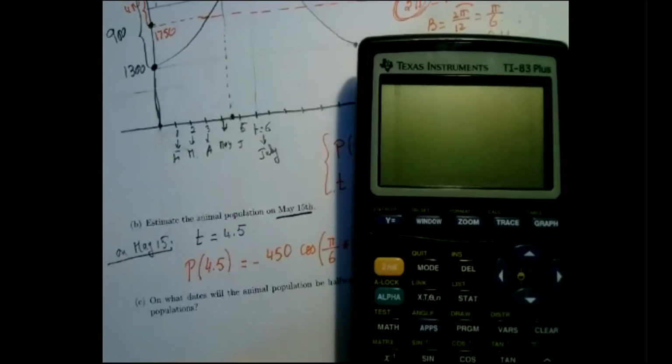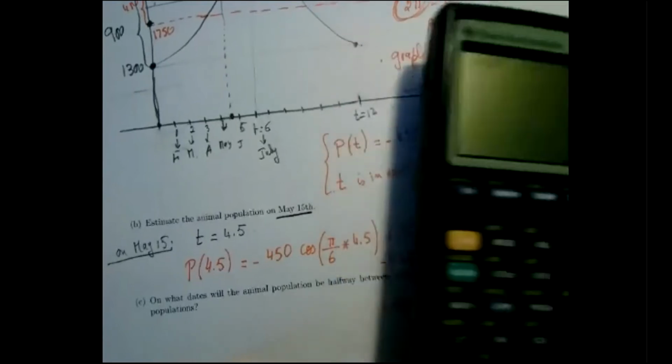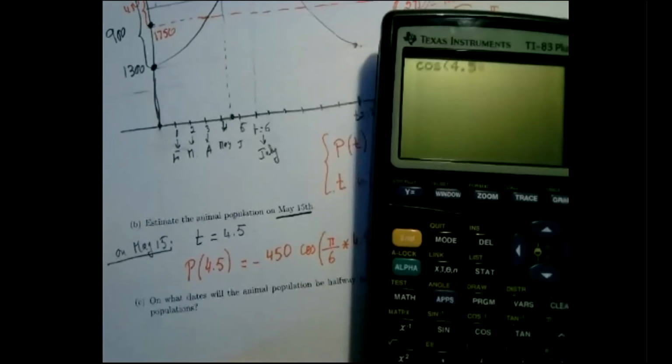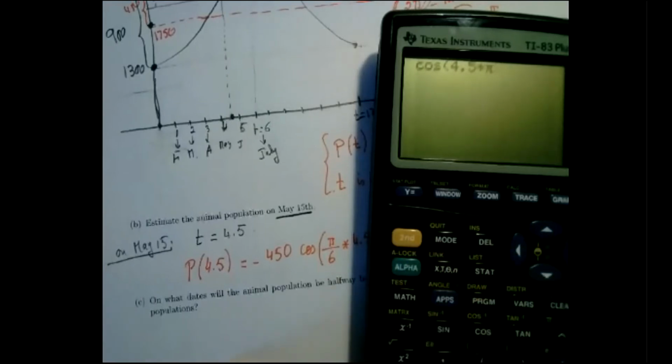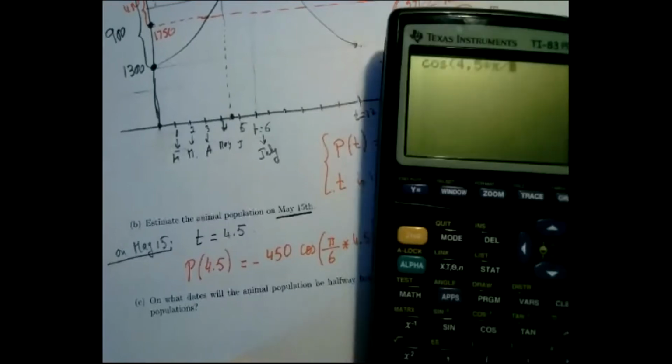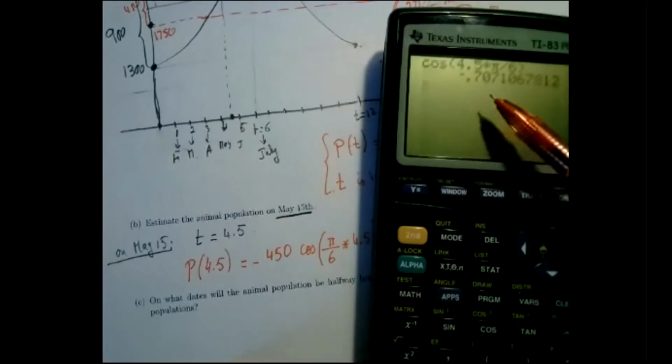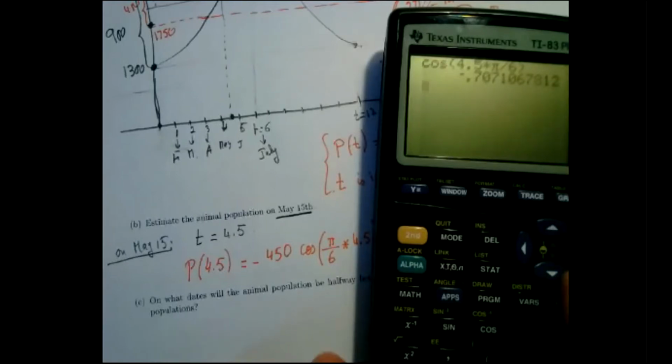Then I need the cosine of 4.5 times pi divided by 6. This gives me minus 0.7071.